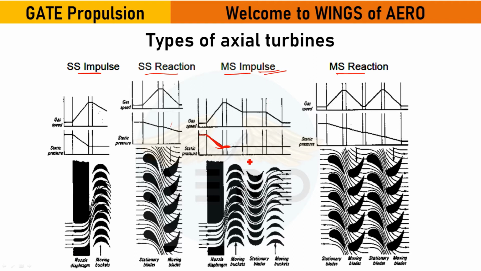So you can see remaining across the stationary and the moving blades, it's almost constant. Here you see for the single and for the multi-stage. But looking into the reaction, in each stage it is decreasing gradually. It is decreasing gradually in case of reaction turbine, either it is a single stage or a multi-stage.